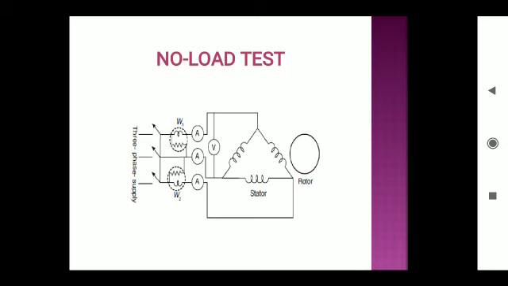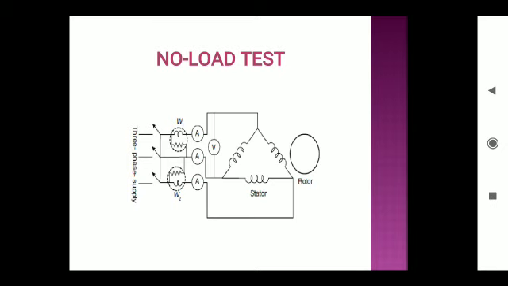In case of delta connection, the line voltage equals the phase voltage, and there are two wattmeters which are measuring the total wattage of the supply.